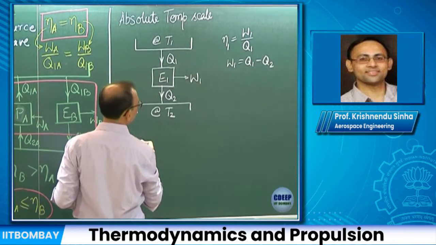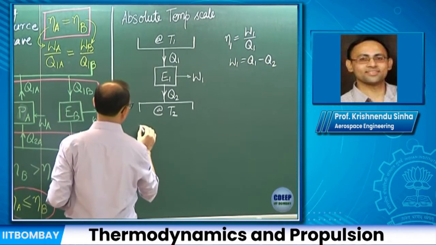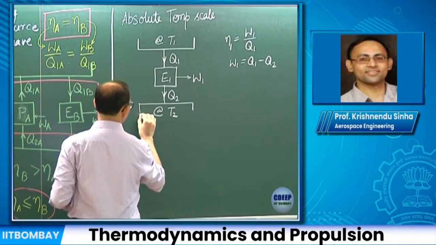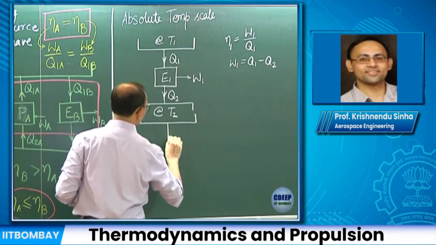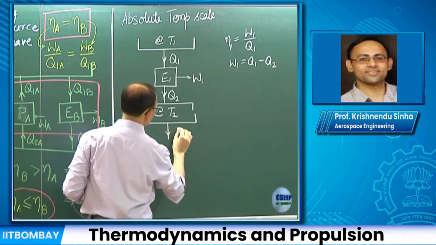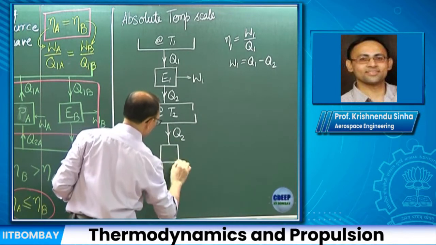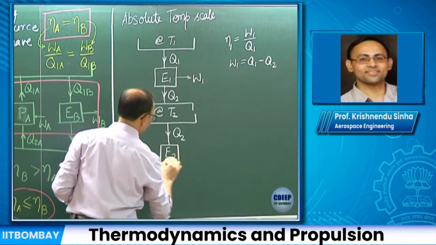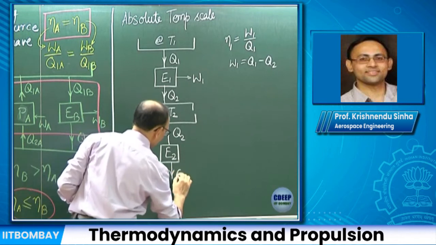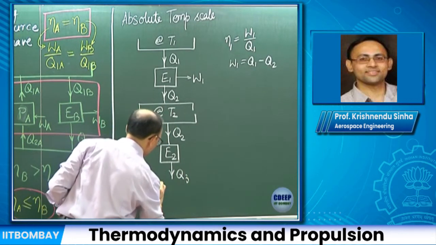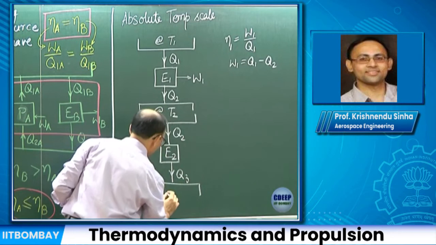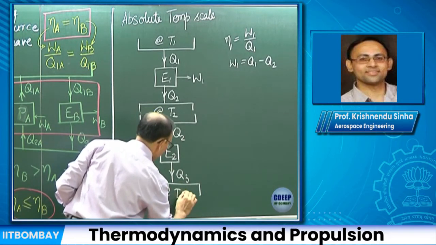Then we have one more engine which operates between T2, taking up heat Q2, engine E2 rejecting heat Q3, and this is a reservoir at T3.